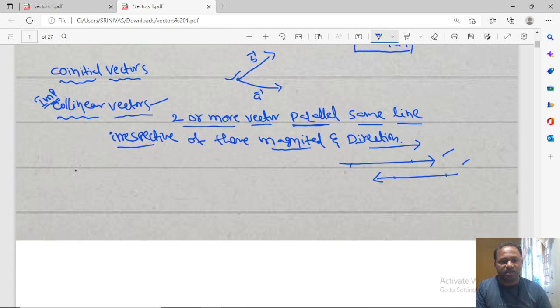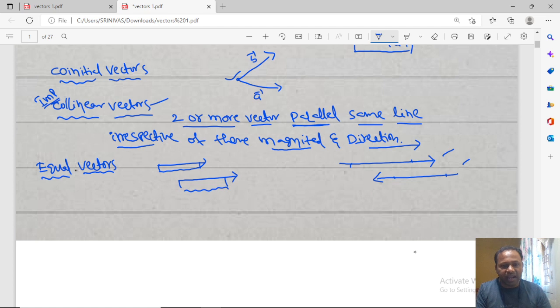After that, I will move on to one more, that is equal vectors. What do we mean by equal vectors? Two or more vectors are said to be equal vectors if they have the same magnitude and the same direction, irrespective of their initial position.